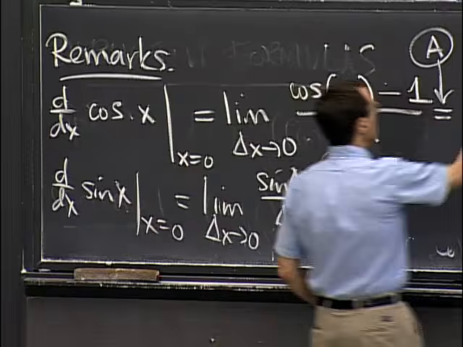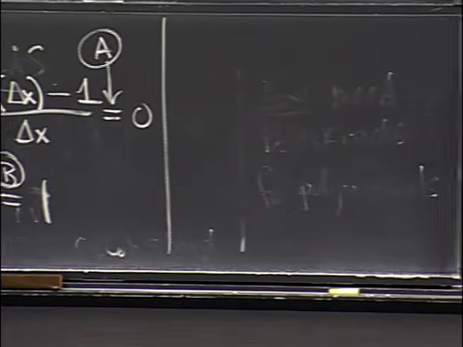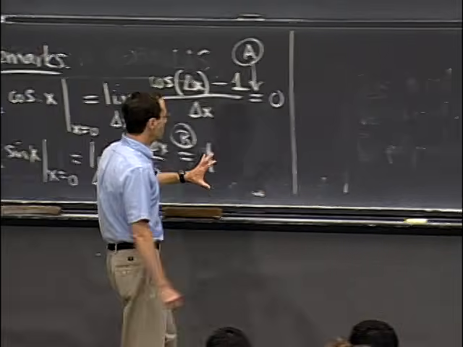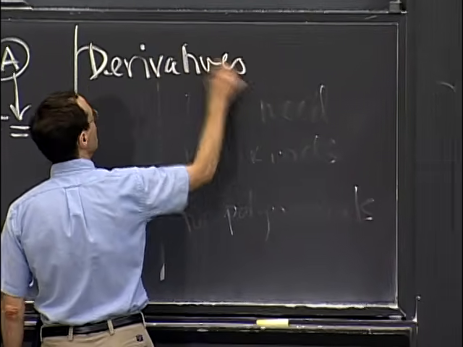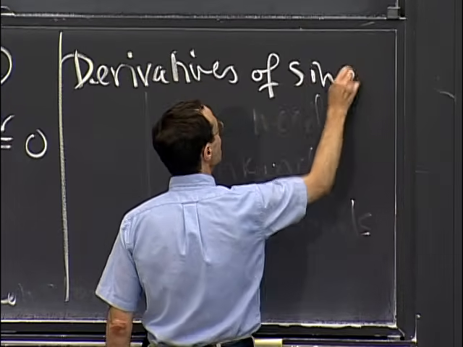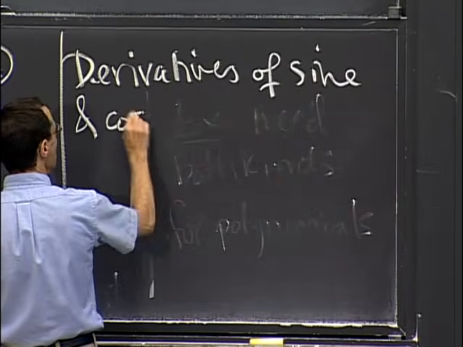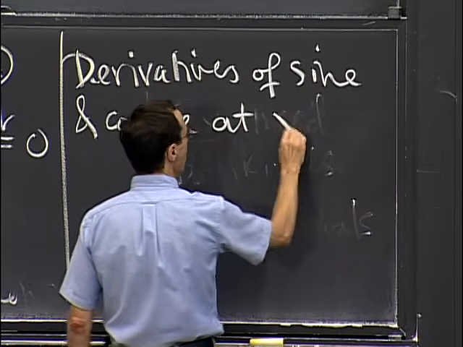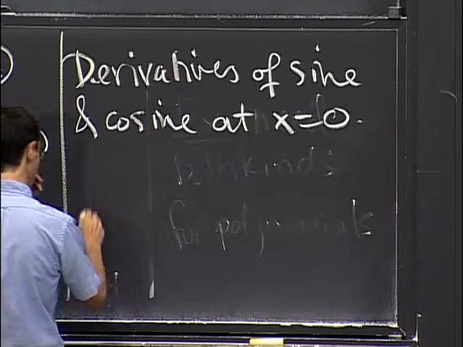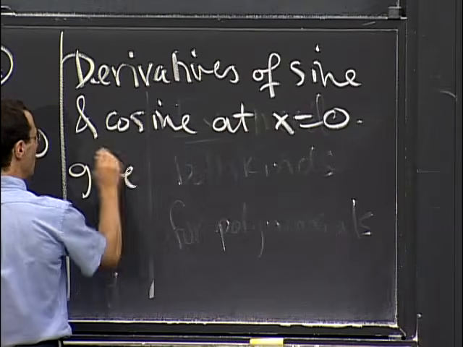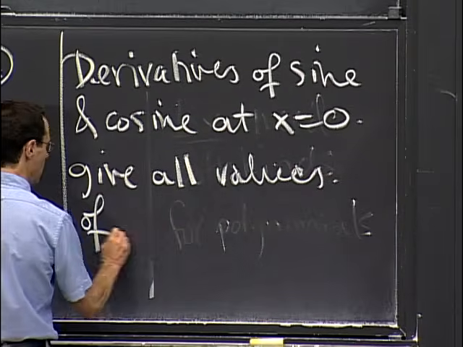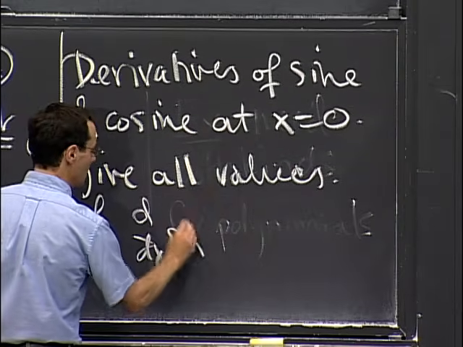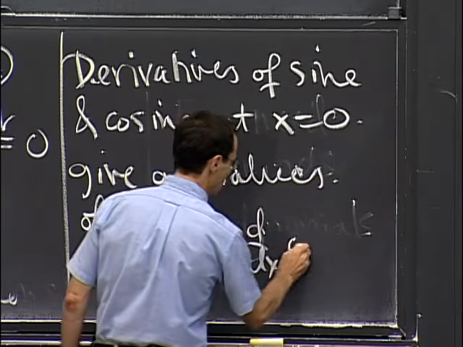And so the remark that I want to make, in addition to this, is something about the structure of these two proofs, which is the derivatives of sine and cosine at x equals 0 give all values of d by dx sine x, d by dx cosine x.